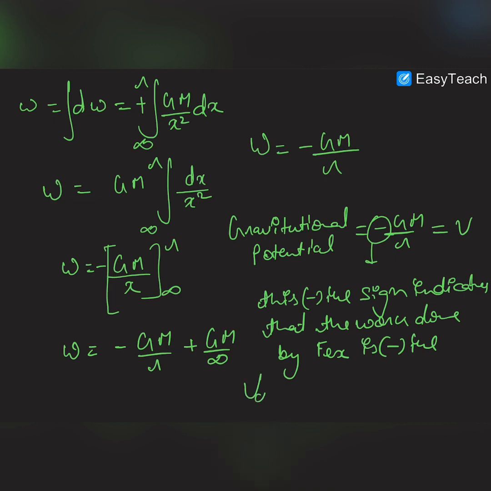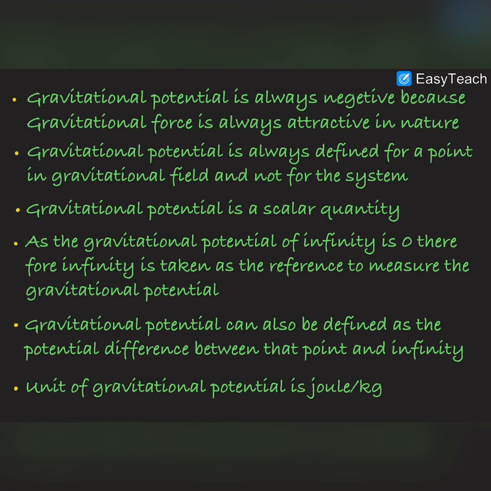So V at infinity will be 0, which means that infinity is the reference point for measuring the gravitational potential. So in the definition we always say that gravitational potential is the work done in bringing a unit mass slowly from infinity to the point in the gravitational field.